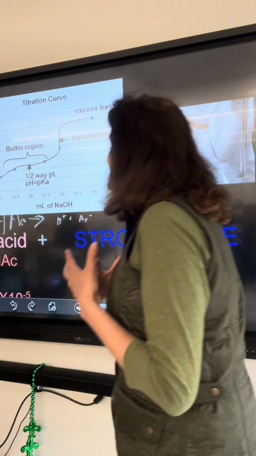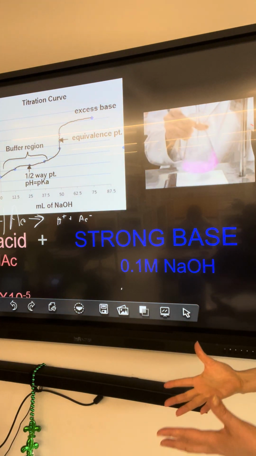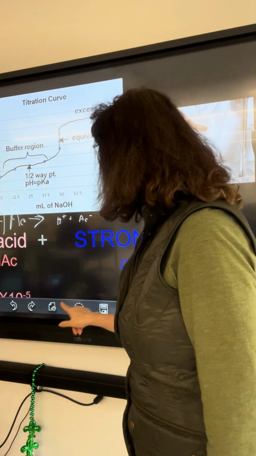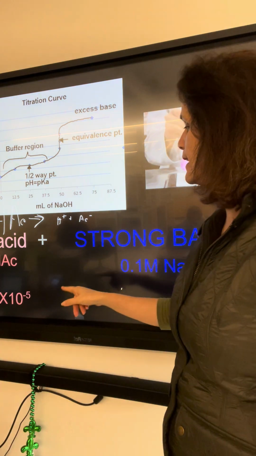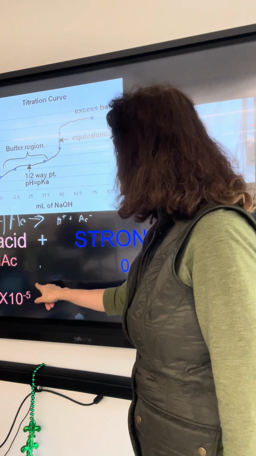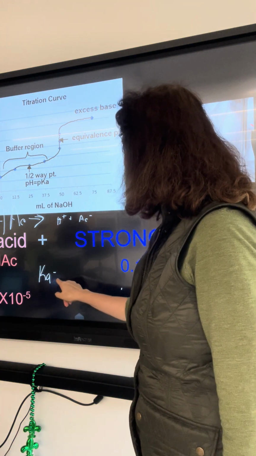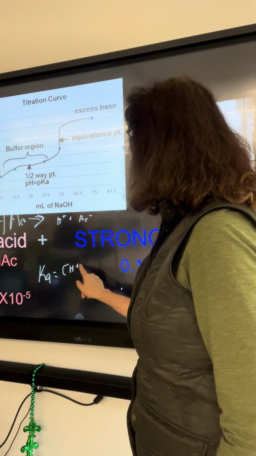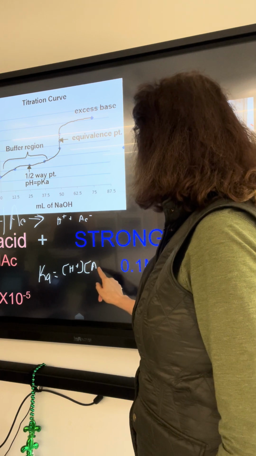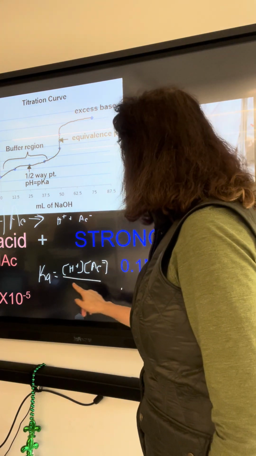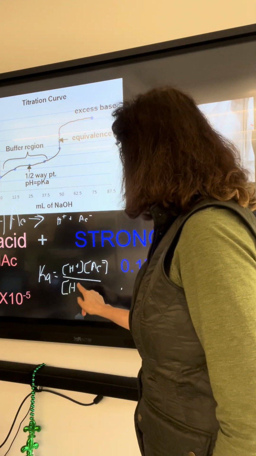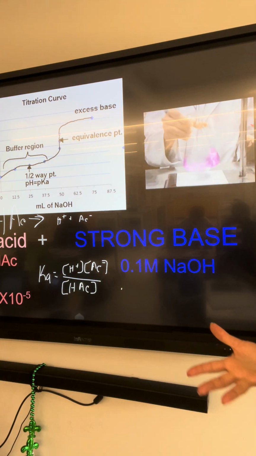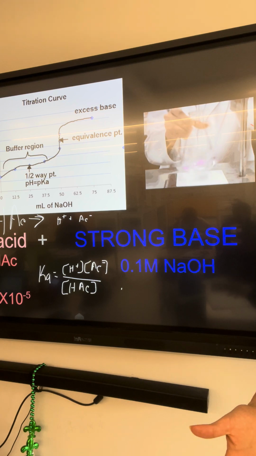How much does it dissociate? We don't know. We have a dissociation constant that is going to tell us the ratio of the products divided by the reactants. What is it? It's a ratio. And you all understand ratios, right?